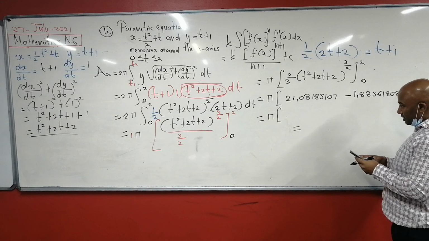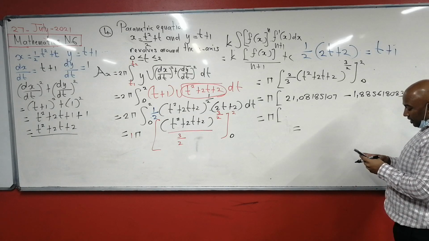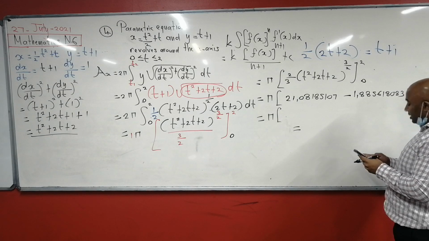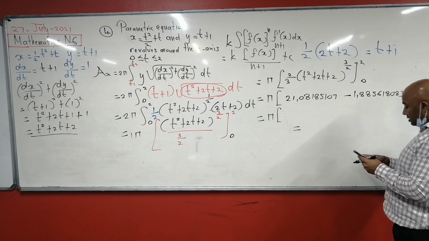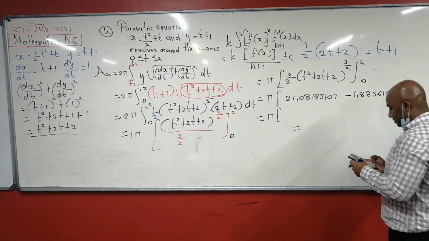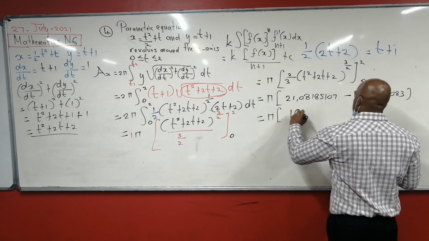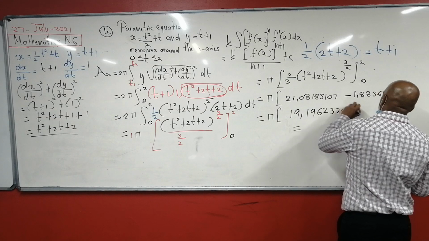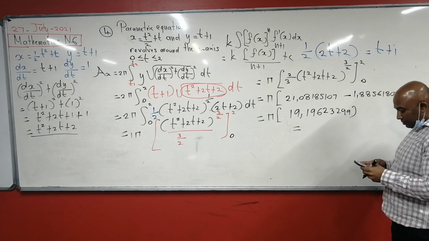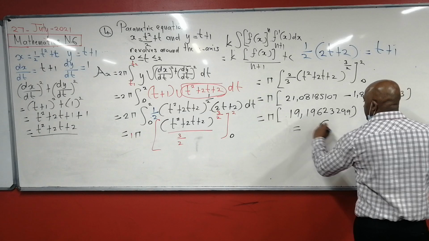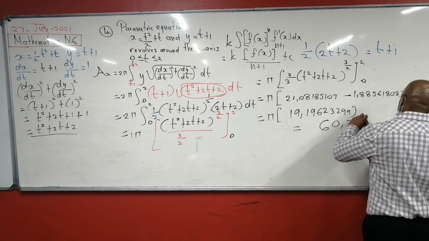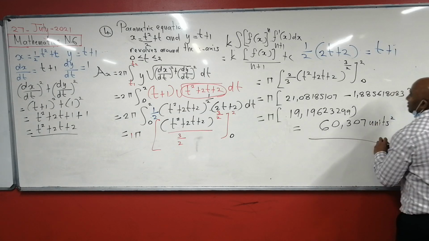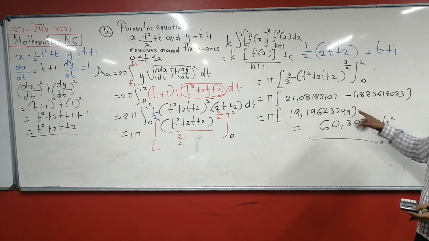So that's 21.08185107 minus 1.885618083. It's going to be 19.196232299 times pi, which is 60.307 units squared. Right, so there's no problem with the integration.